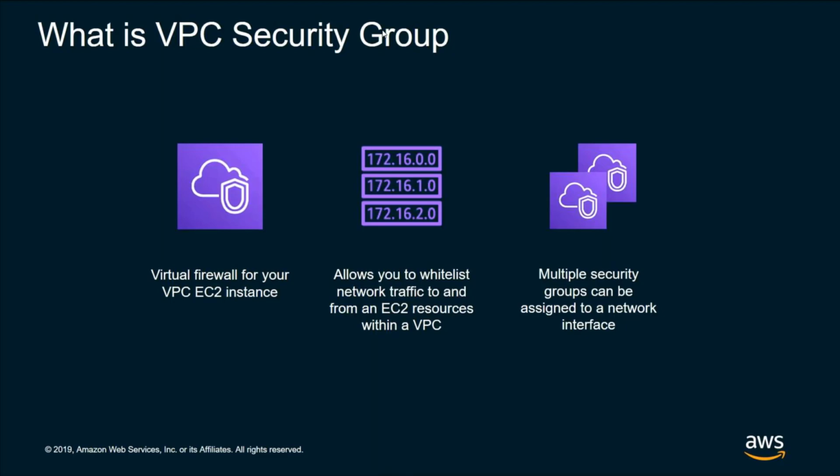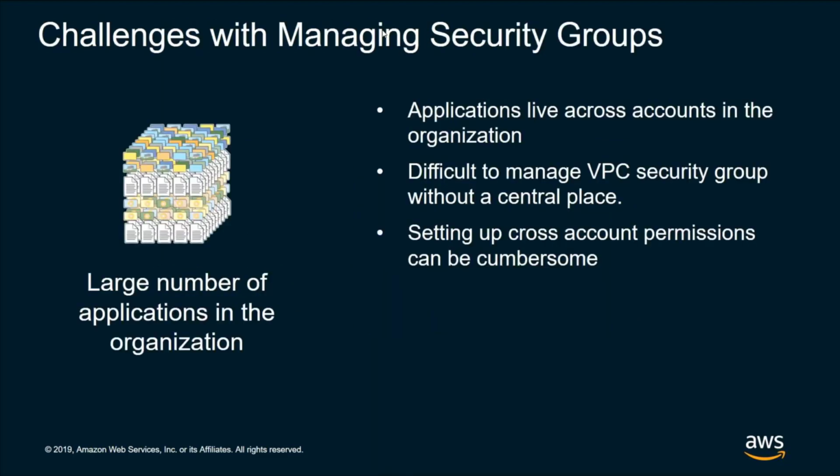One of them, of course, as we saw earlier, is that as you grow, there are a large number of applications in your organization. That means you end up having a large number of security groups to protect these applications. And often, all these applications live across accounts in your organization.